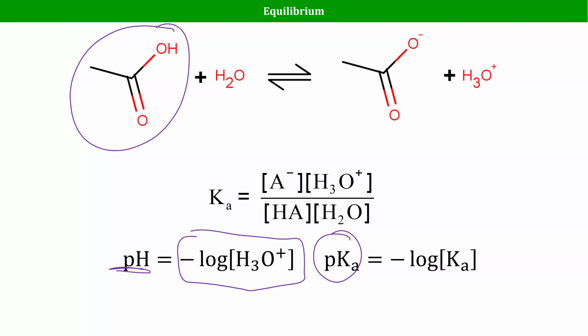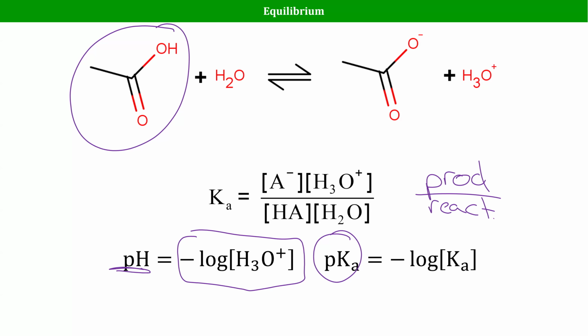Exactly. So as we start to favor more and more products, as your acid gets stronger, what happens to Ka? Does it get bigger or smaller? So if a stronger acid makes more product, right?